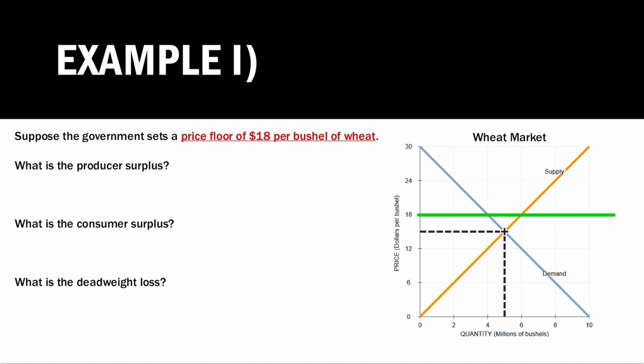So if we look at it, at a price of $18, our quantity demanded is no longer 5. Our quantity demanded is now 4. So our producer surplus is going to be the area still above your supply curve and below your price, but now it's no longer a triangle.